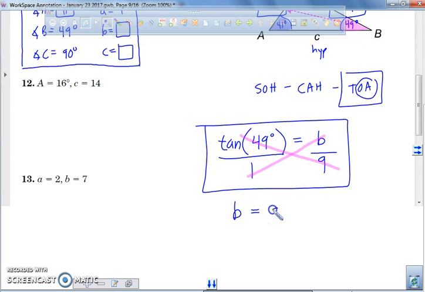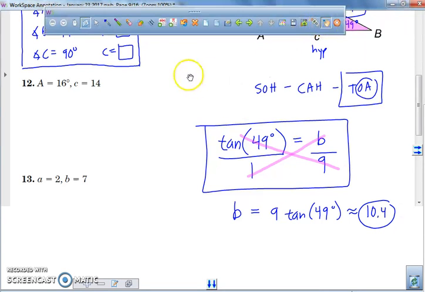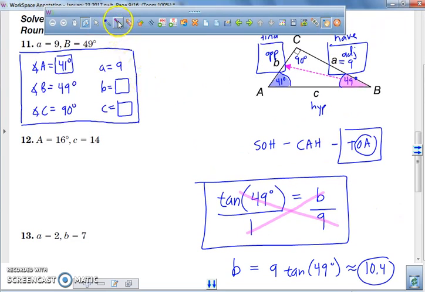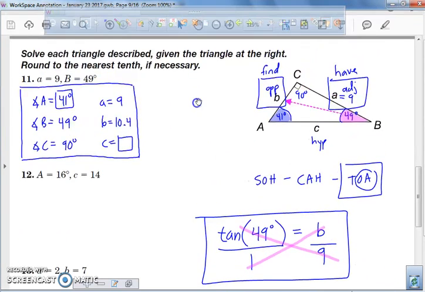And 9 times the tangent of 49 gives us 10.35, which is approximately 10.4. That's the length of our side b. So right here, where it says b, I'm going to erase the little box and put 10.4, because it said round to the nearest tenth.